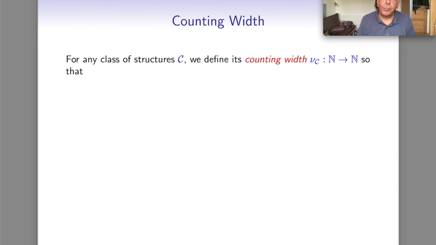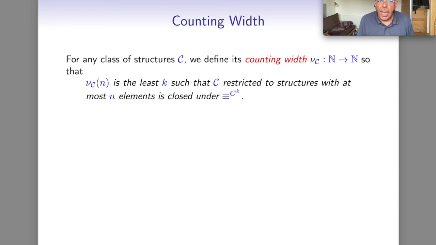Okay. So now I want to introduce to you a term I call the counting width. So you have a class of structures. Define its counting width basically as follows. For every n, look at the class restricted to structures with at most n elements. Now, once you have at most n elements, it's a finite class.